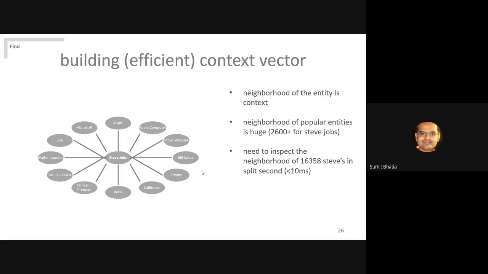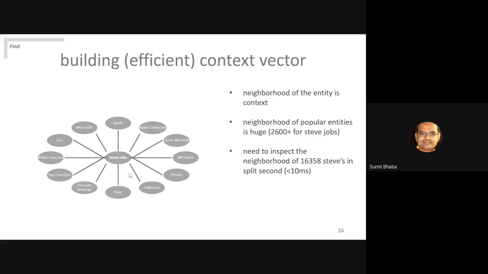Now, context. If you see in your graph, I've shown a sample subgraph from the larger knowledge graph. I show some of the entities that are connected to Steve Jobs, like Pixar Animations, California, iPhone, Apple Computer. Now imagine looking at the graph from a bird's eye view.